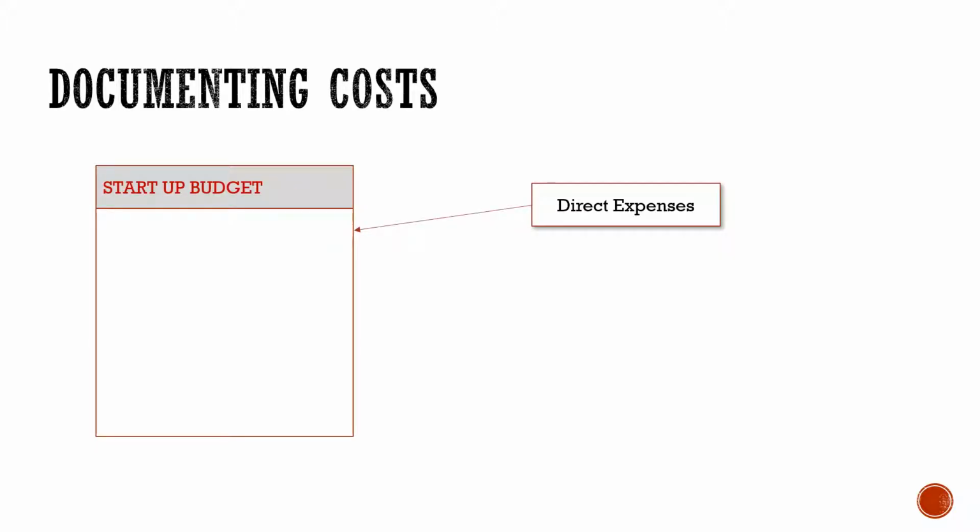So establish a setup of the products that you want to start your business with, but make sure they're similar enough in components, yet they offer a variance to your customer. You'll need this information to determine your startup budget and cover your direct expenses.